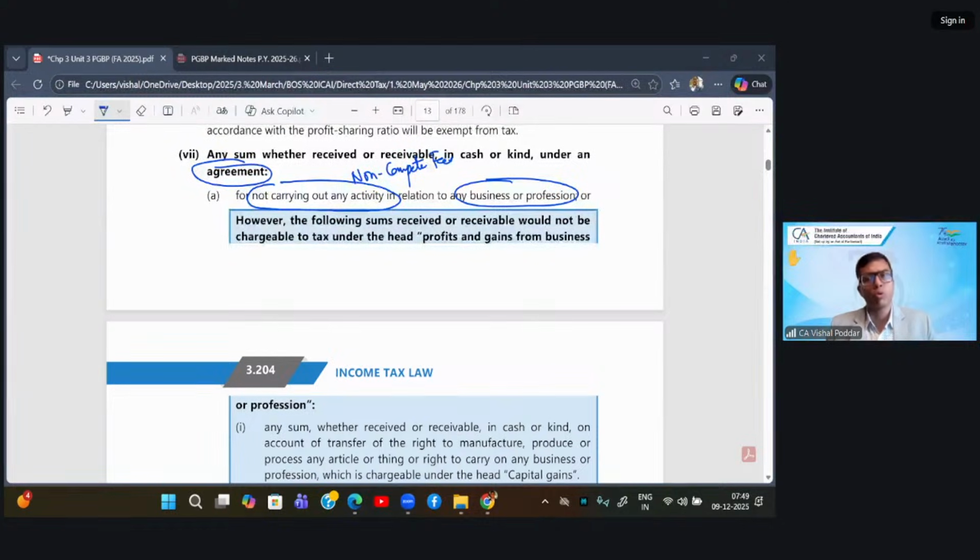But when you go to the module, it is in the sequence of the Act. Please understand, beta, don't compare both things because both are from different approaches. The module is from the law approach, that is, when you are understanding the law. My notes are very specifically from your exam approach or the practical approach which you will require whenever in your career, in your office, you are using the PGBP computation.